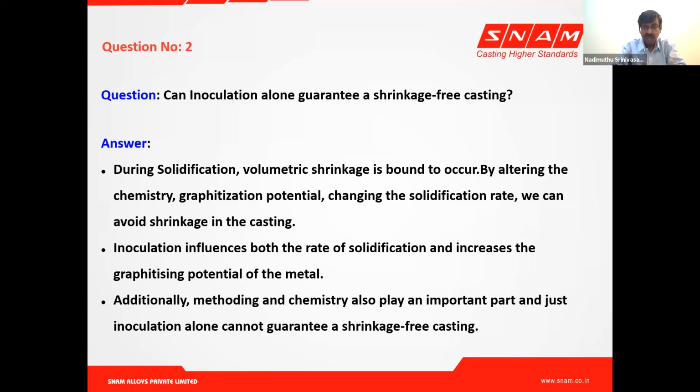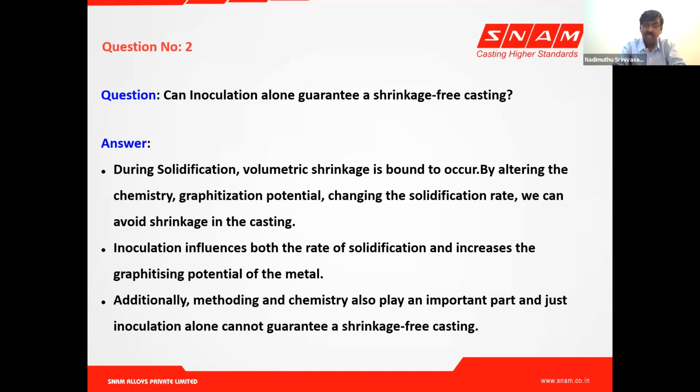When there is austenitic contraction and volumetric shrinkage happening, you need the right presence of carbon for the free graphite to expand and fill this volumetric zone and provide you a sound casting. So how does that happen? Inoculation influences the rate of solidification by reducing the undercooling.